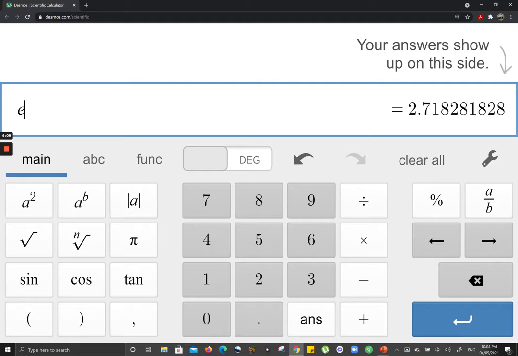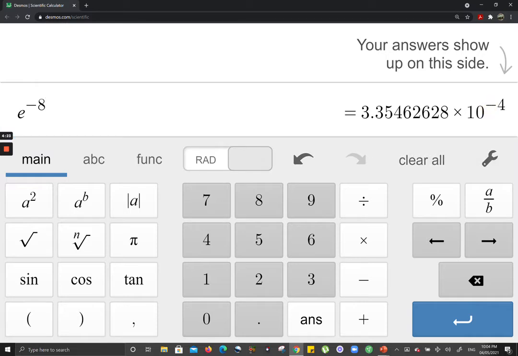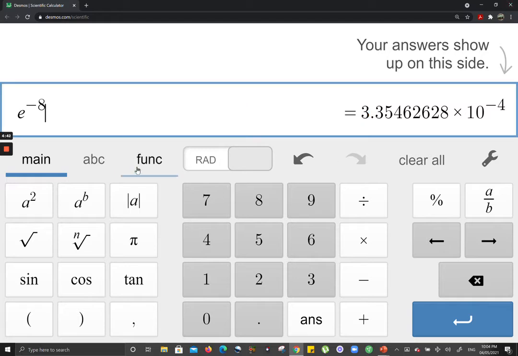E, shift 6, negative 8, and it's in scientific notation. Oh, it's because this is a scientific calculator, so it is shown in scientific notation, but actually the 3 is 4 spaces away from 0. That's why it's 0.0003.